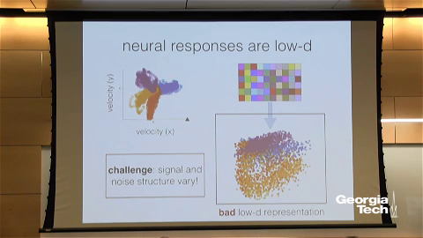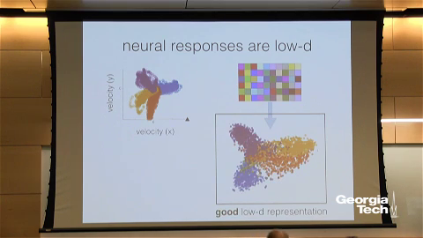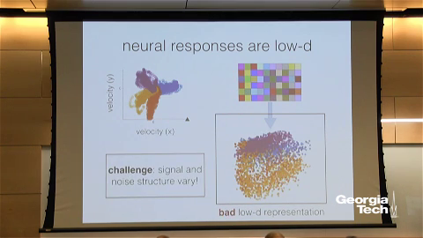In one case we have these nice, well isolated and structured movements in the low-dimensional embeddings, but in other cases, whether because the structure is nonlinear or because you have more noise on a certain day, you can see a lot of warping and changes in the geometry using these techniques. We would consider this to be a bad low-dimensional representation.